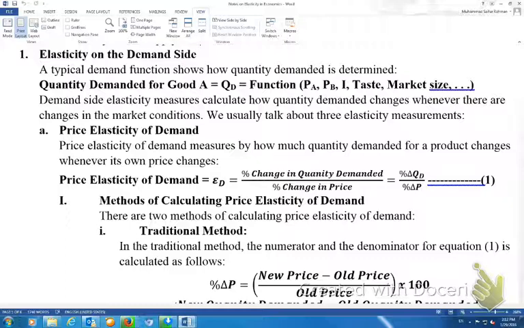When you look at the last part of this equation, there is percentage change, a delta sign, and then QD, which is talking about how quantity demanded is changing, and in the denominator you have percentage change in price, which means how the price level is changing. So it's a ratio between those two.